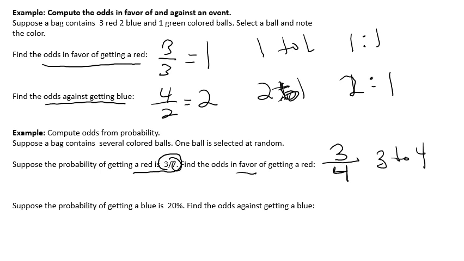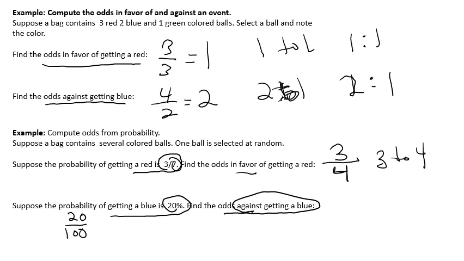Another question. Suppose the probability of getting blue is 20%. If the probability of getting blue is 20%, then the probability basically is 20 over 100. We want to know the odds against getting blue.